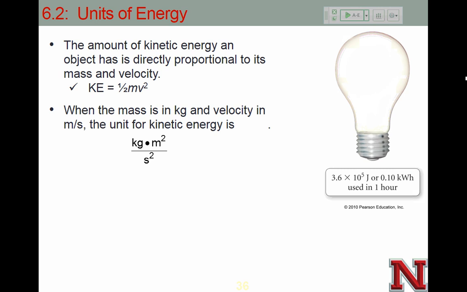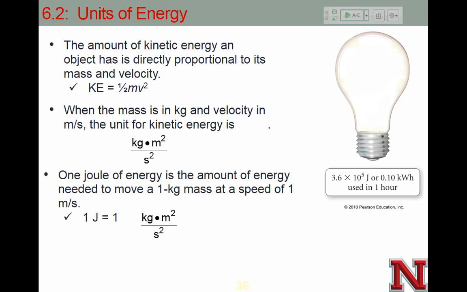When the mass is in kilograms and velocity is in meters per second, the unit of kinetic energy is kilograms times meters squared per second squared, or a joule. So you're more likely going to see the J, which is a joule, and you need to recognize that 1 joule equals 1 kilogram times meters squared over second squared. And we use that in our root mean squared velocity because that was a measurement of energy.